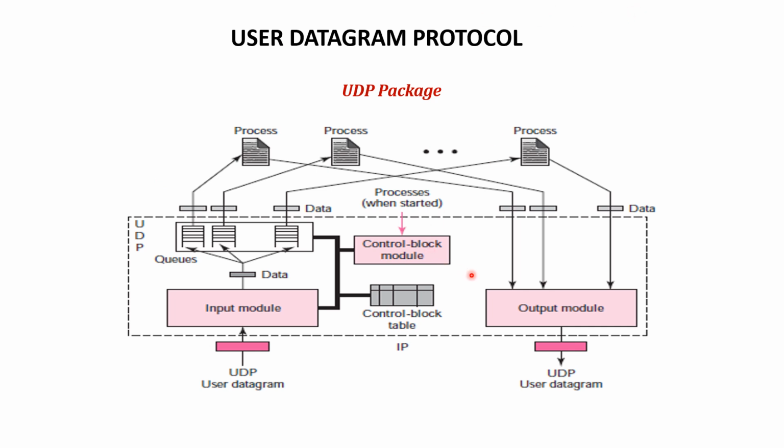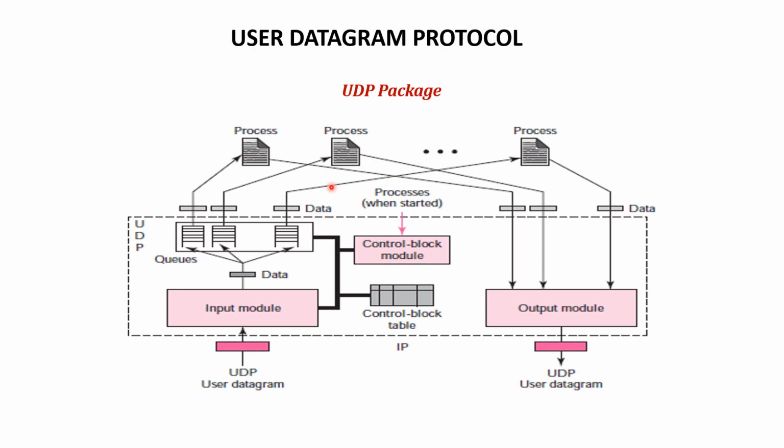Control block table: UDP has a control block table to keep track of the open ports. Each entry in this table has a minimum of four fields: the state, which can be free or in use, the process ID, the port number, and the corresponding queue number.